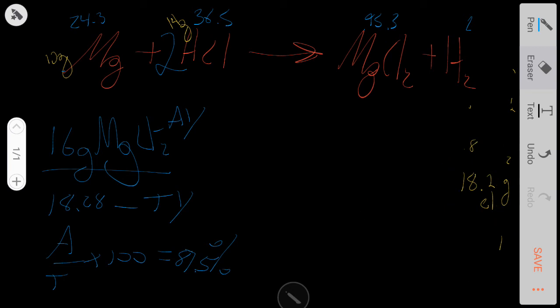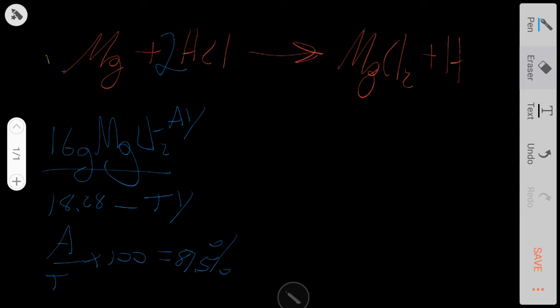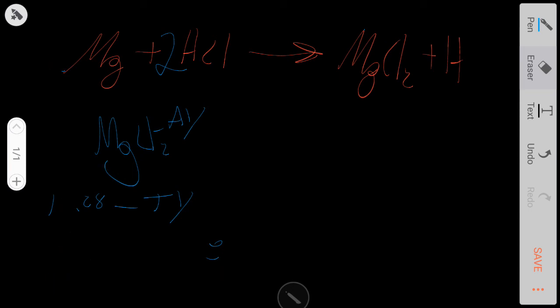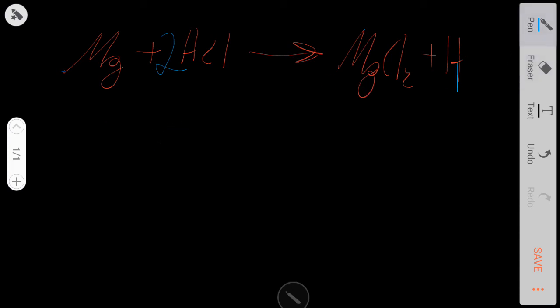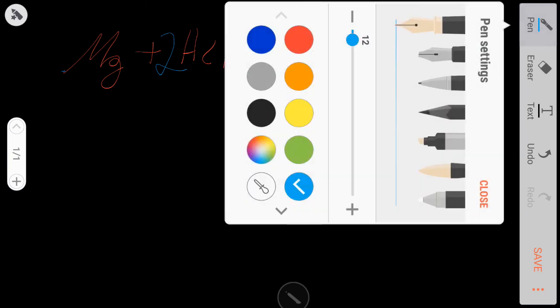So let's finish up with a brief look at acids and bases. And we'll even continue with this equation. There's one acid in this equation. We're not going to shake it, but we're going to look at it.